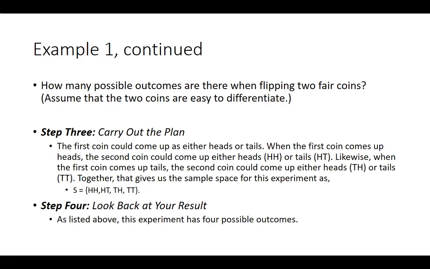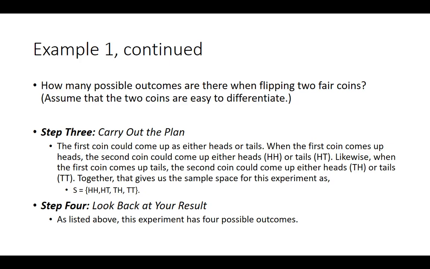Step 3, carry out the plan. The first coin could come up as either heads or tails. When the first coin comes up heads, the second coin could come up either heads or tails, so HH or HT. Likewise, when the first coin comes up tails, the second coin could come up as either heads or tails, so TH or TT.